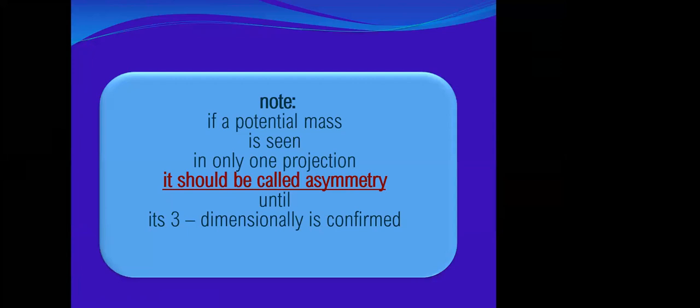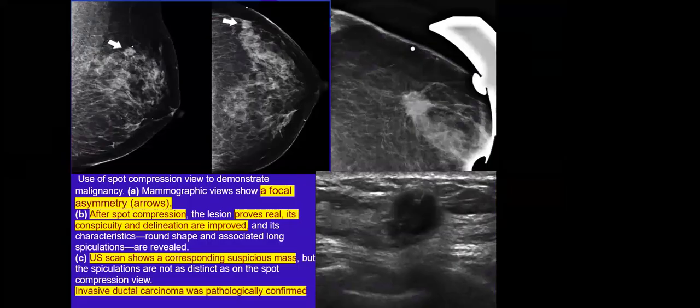As we mentioned, if a potential mass is seen in only one projection, it should be called asymmetry until it is confirmed three-dimensionally.